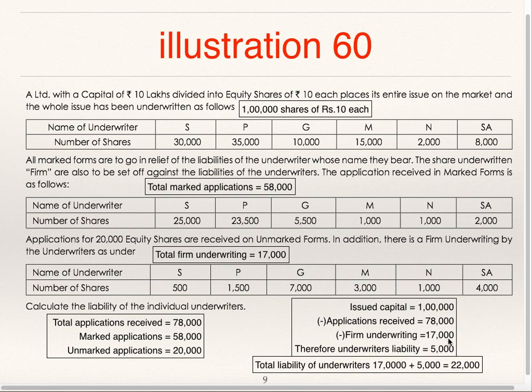Underwriters liability is 5,000, that is shares which are not taken over by the public, as well as firm underwriting. 5,000 is liability. Now we have to check out of these 1, 2, 3, 4, 5, 6 underwriters who will take these 5,000 shares. Total liability of underwriters 17,000 plus 5,000 which is equal to 22,000.